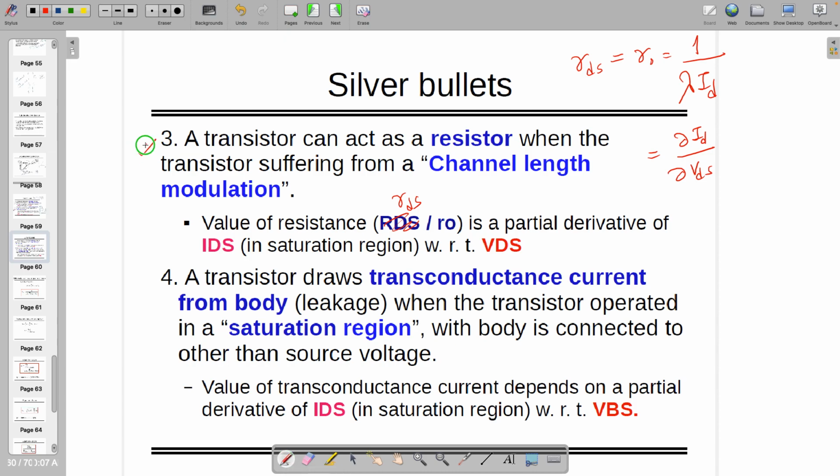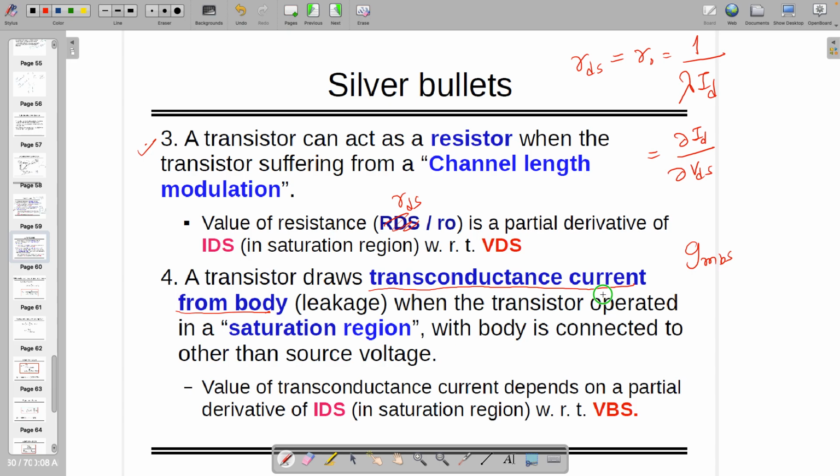That's the third thing. And the fourth thing is actually the body effect, and you can have transconductance current from the body. That's GMB or GMBS, whichever you like to write. GMBS is the current flowing from the body to the source, and when you are not connecting the body with the source, this current will be observed.